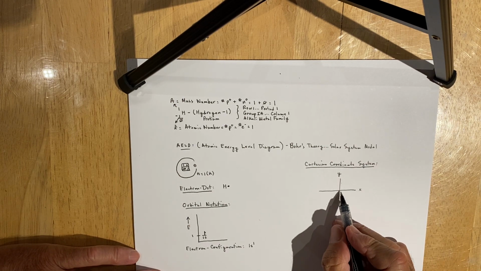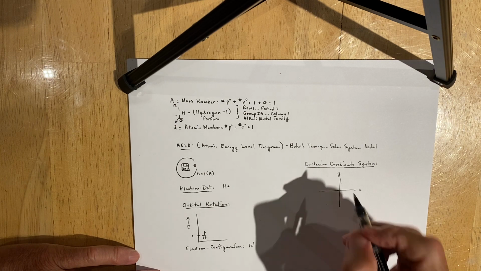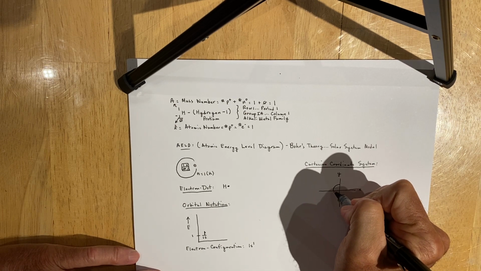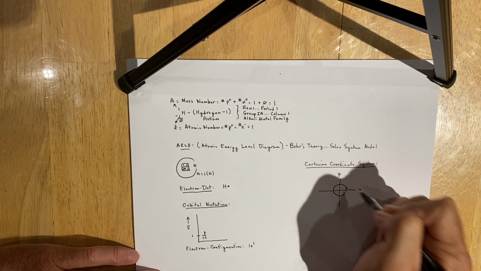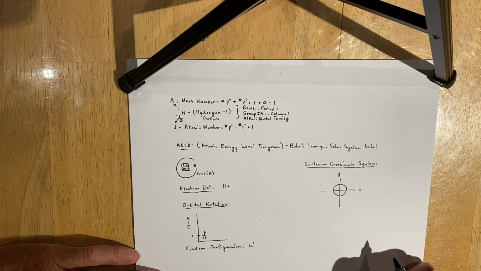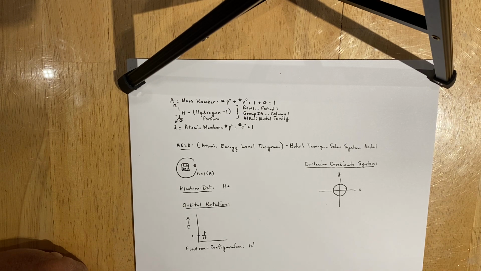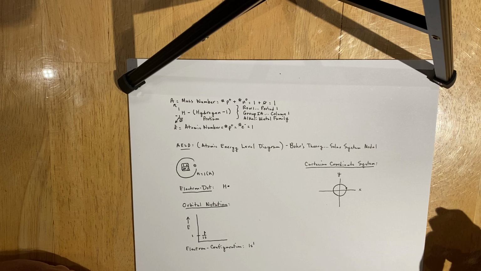The center of this can be visualized as the nucleus, around which there is one electron that orbits in a discrete energy level. So as you fill out your Meet the Elements lab, you're going to be placing all these various pieces of information on your Meet the Elements lab. For now, that's what I want you to know about hydrogen. And then we'll move on to helium, the next element on the periodic table.